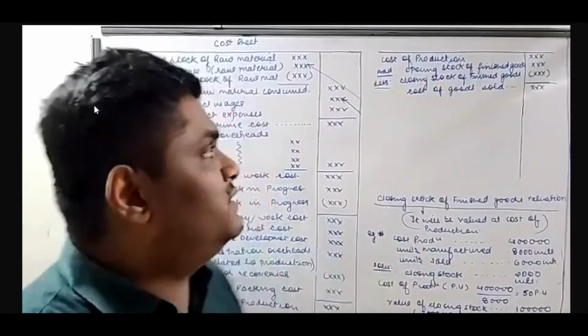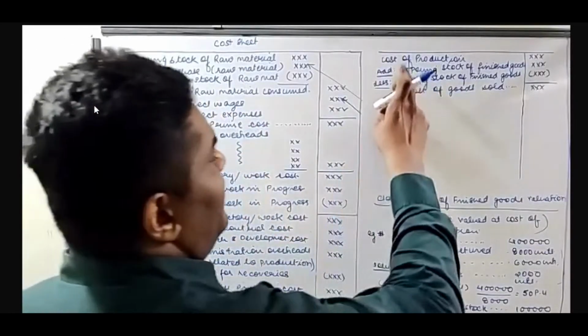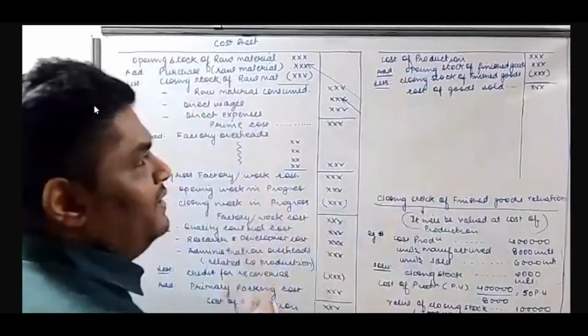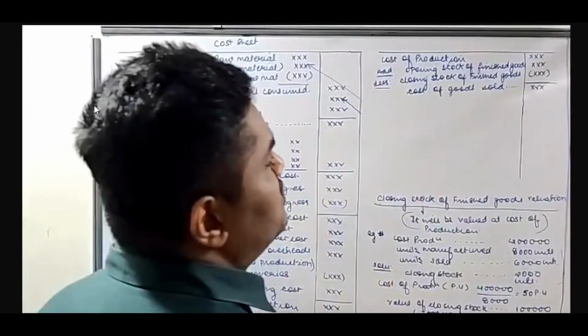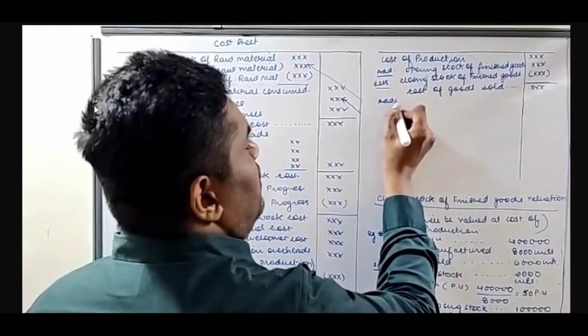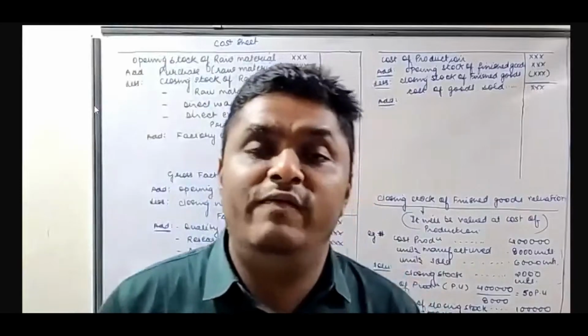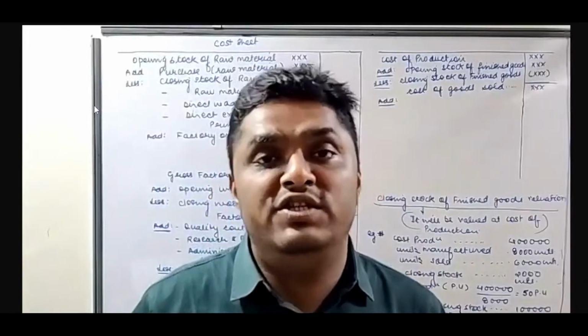Now let's proceed further. After cost of production, we have made adjustments of opening and closing stock of finished goods. And this is how we got cost of goods sold. In this cost of goods sold, we will add all the general administration overhead.